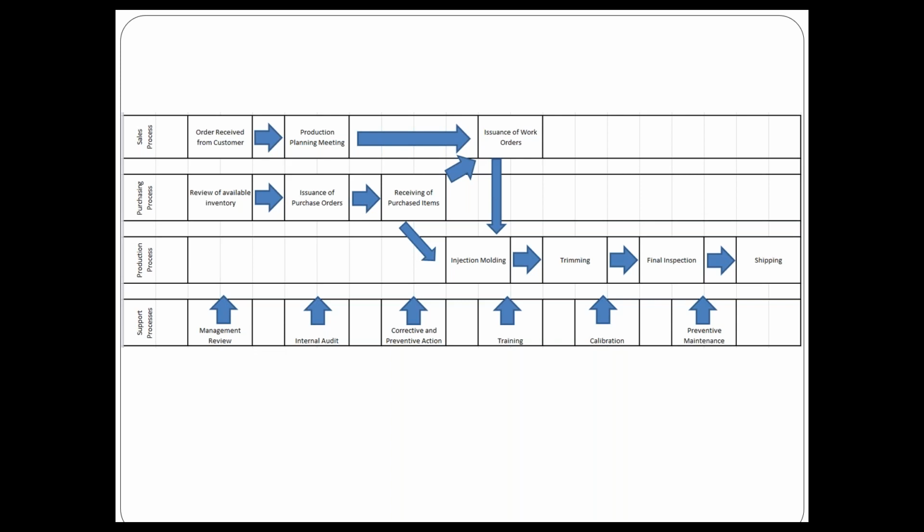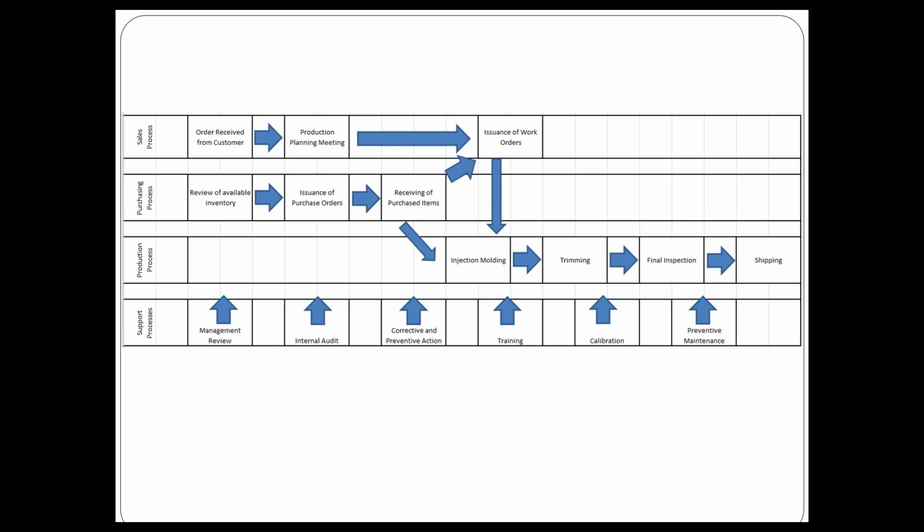In the sales process, for example, we have order received from customer, and in the purchasing process, a review of available inventory. And those two things are flagged as being independent activities.